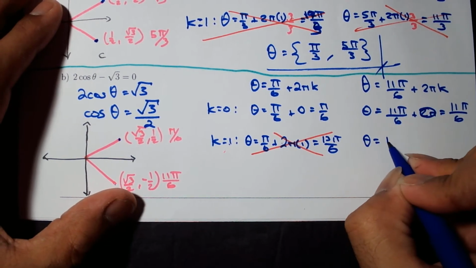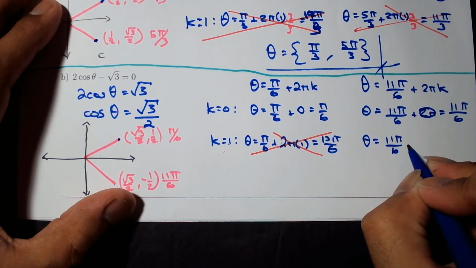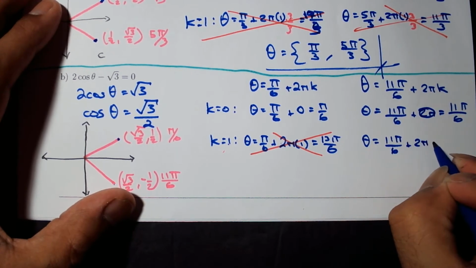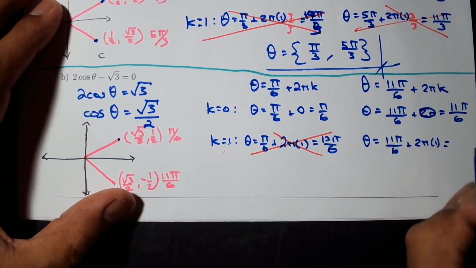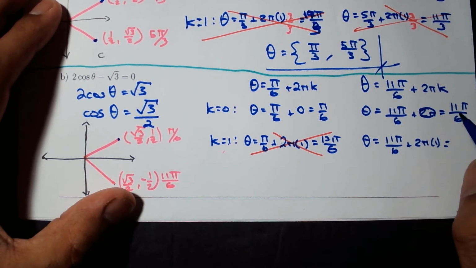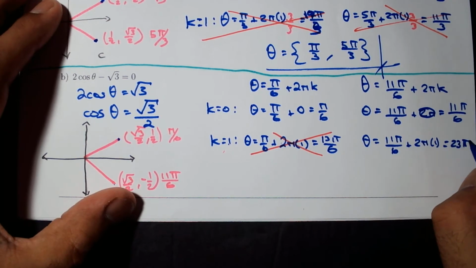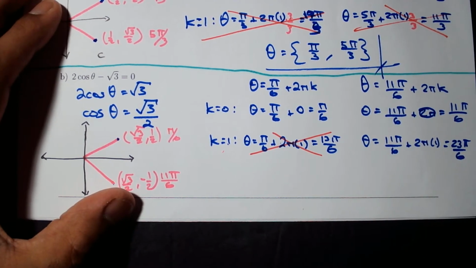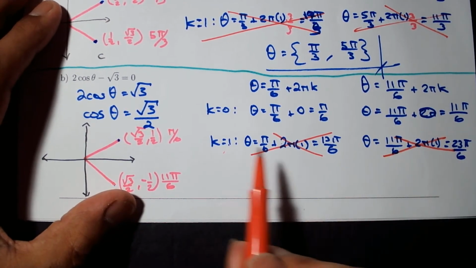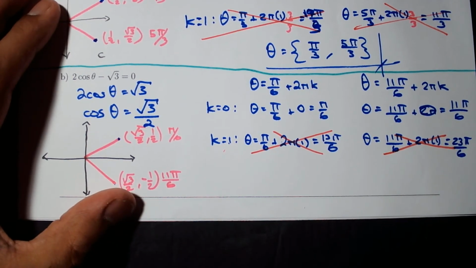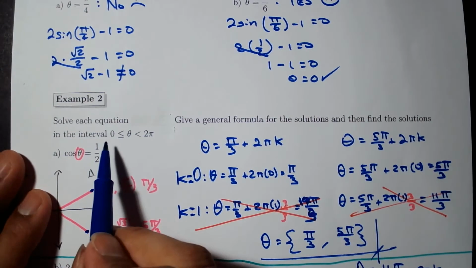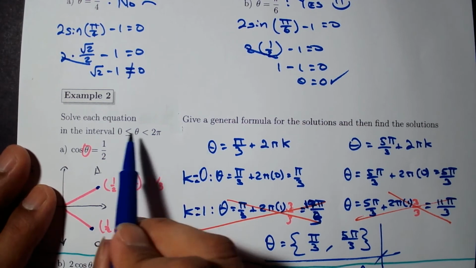Theta here on the other hand, 11 pi over 6 plus 2 pi times 1. So that's 2 times 6, that's 12 plus 11, that's 23 pi over 6. Clearly this number is disregarded because that's outside of the 0 to 2 pi limit that we want.